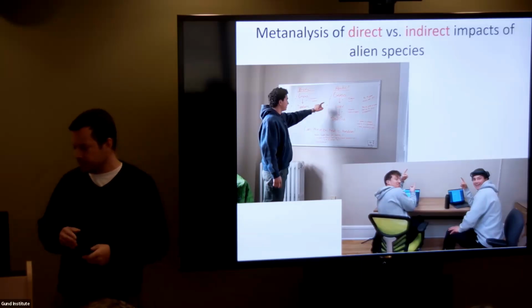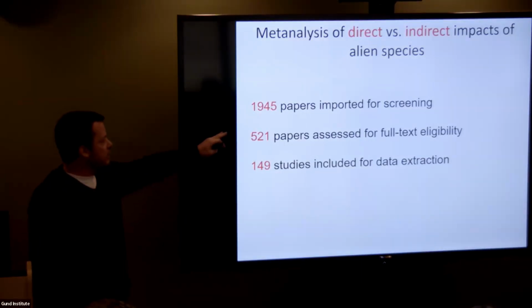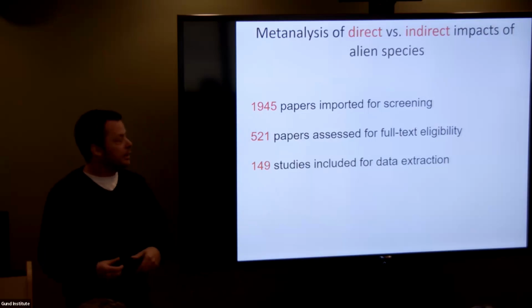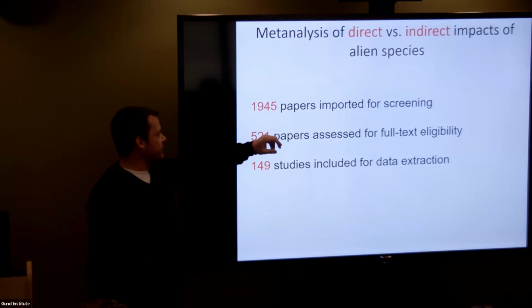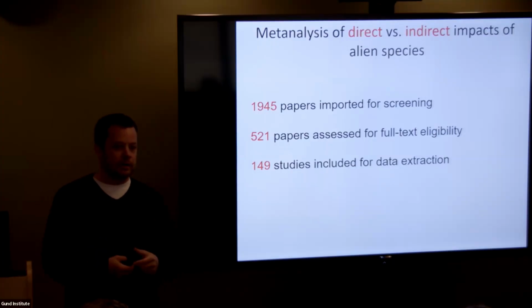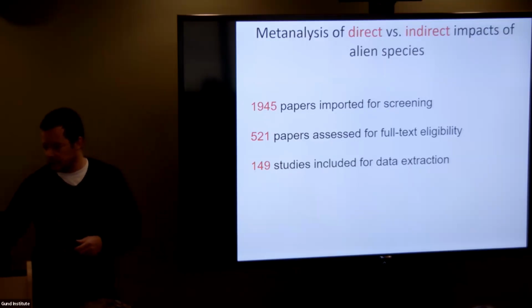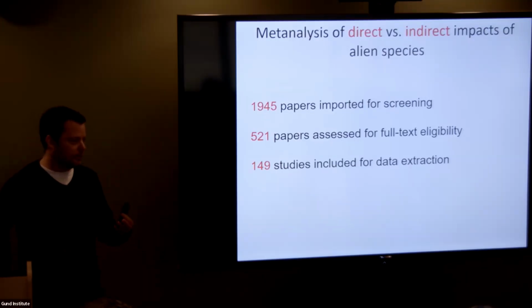They are conducting this meta-analysis. In the first search, they found 1,945 papers. Only 521 were selected for full text, and we have 149 from which we are extracting data.